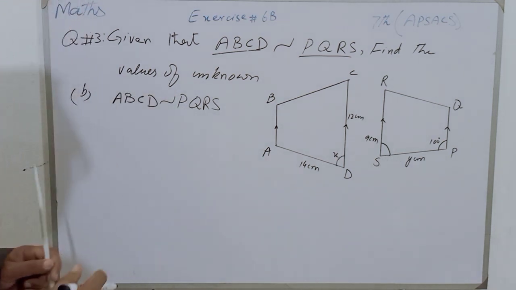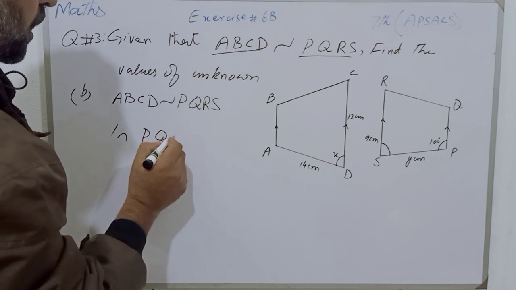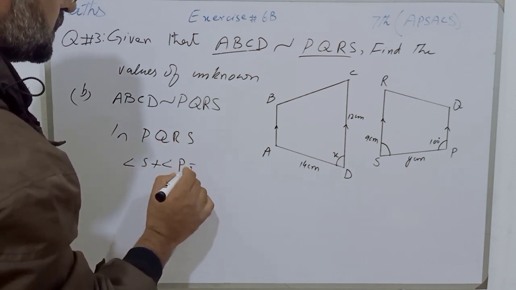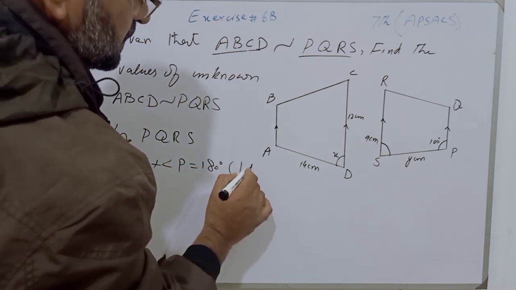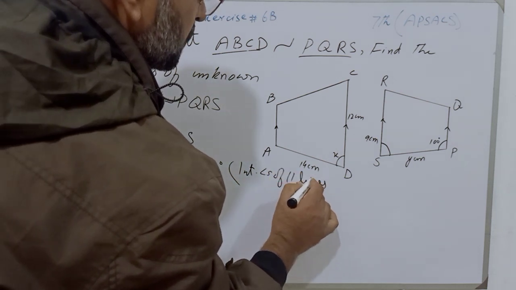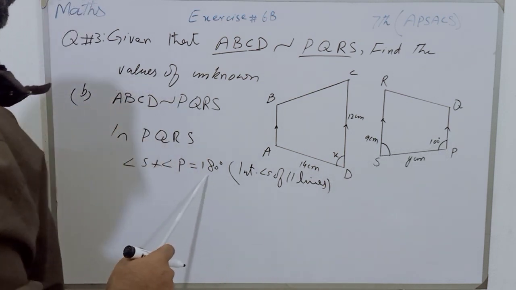Now I will write that in PQRS, angle S plus angle P is equal to 180 degrees, and the reason is interior angles of parallel lines. So the interior angles of the parallel lines are equal to 180 degrees.